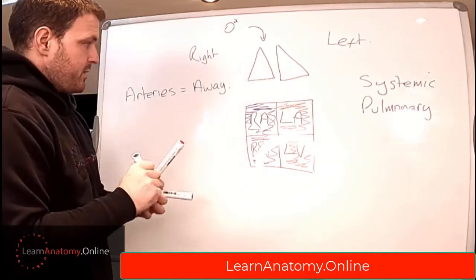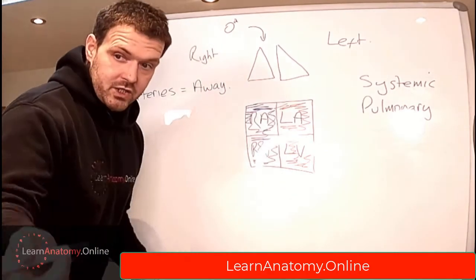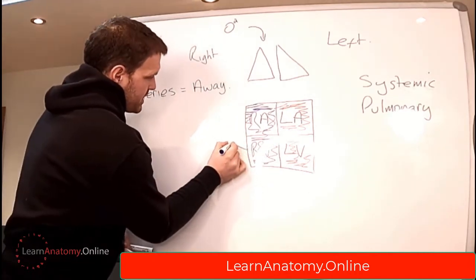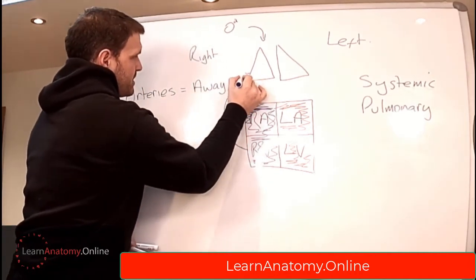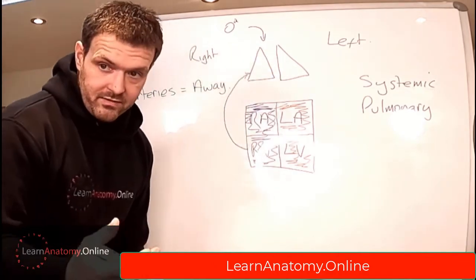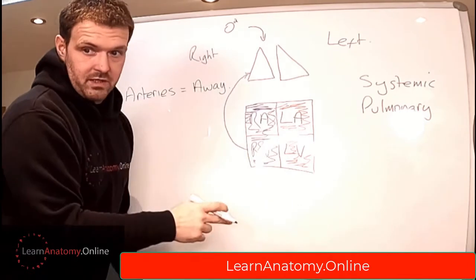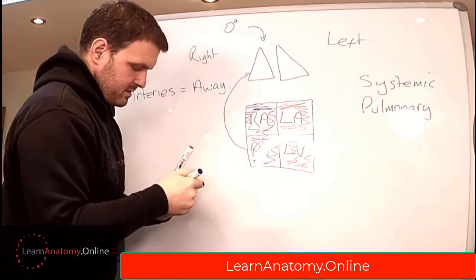Okay, so remember, arteries go away. So we've got an artery here that goes from the blue side of the heart, okay, so the deoxygenated side, because it needs oxygen. Okay, so it's going into the lungs.